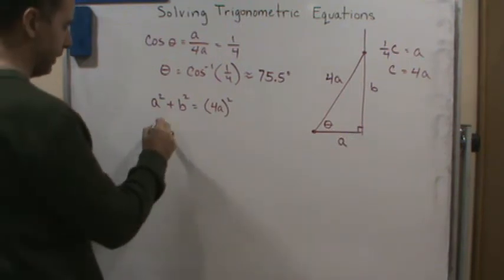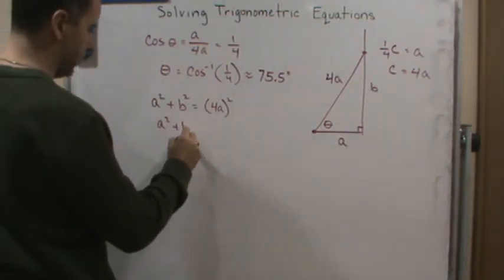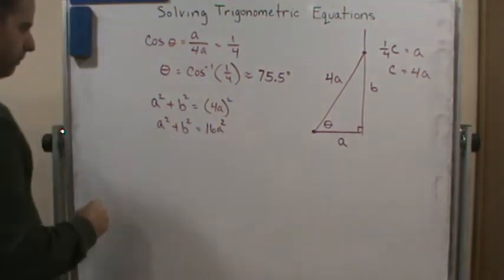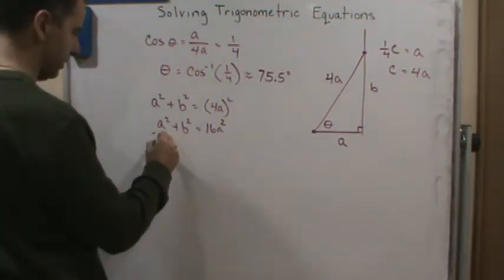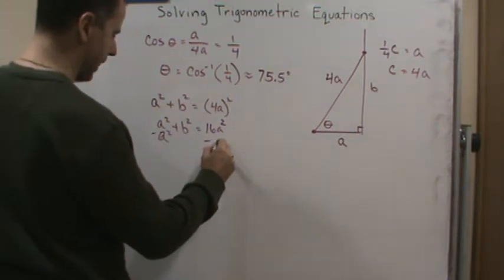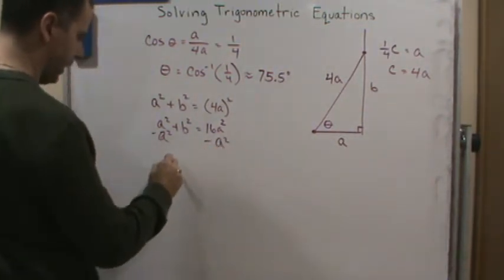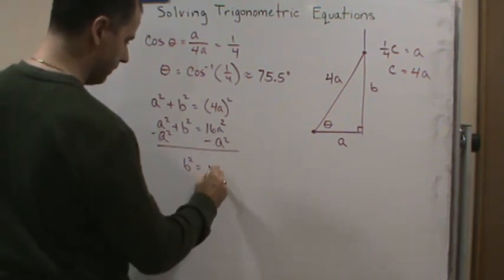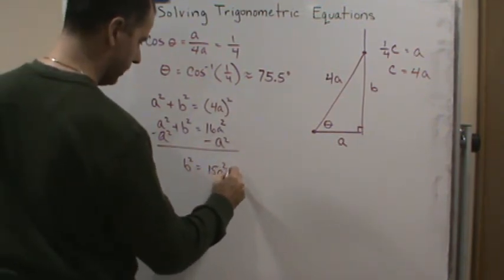And so now that means that a squared plus b squared is equal to 16a squared. So now I'm going to subtract a squared from both sides. And I get b squared equals 15a squared.